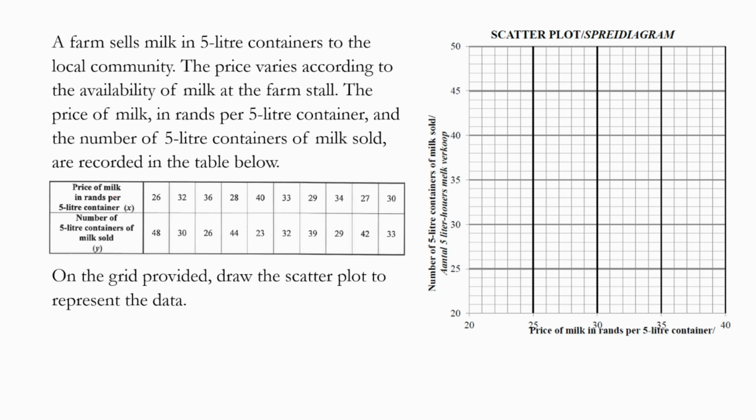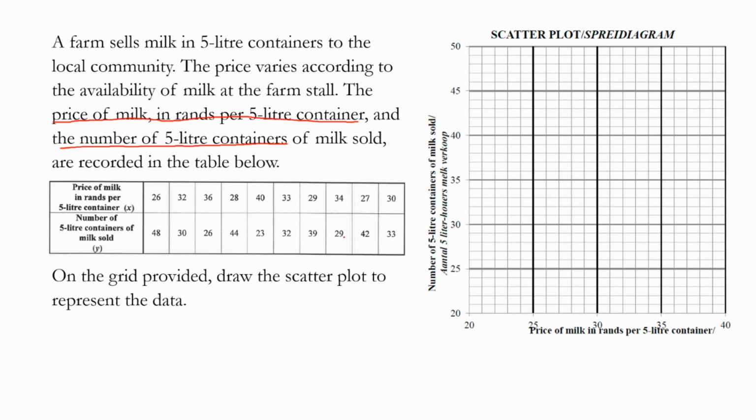The price of milk in rands per 5-liter container, and the number of 5-liter containers of milk sold are recorded in the table below. On the grid provided, draw the scatter plot to represent the data.